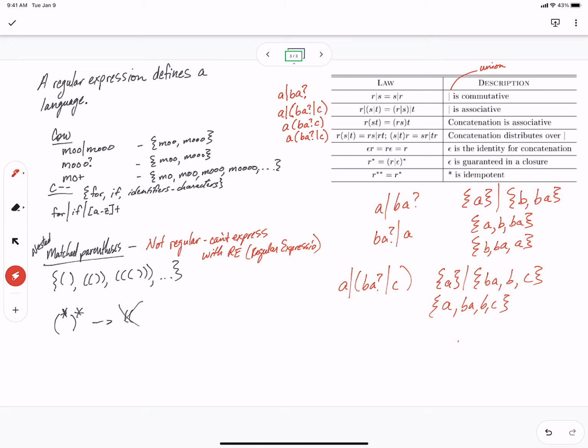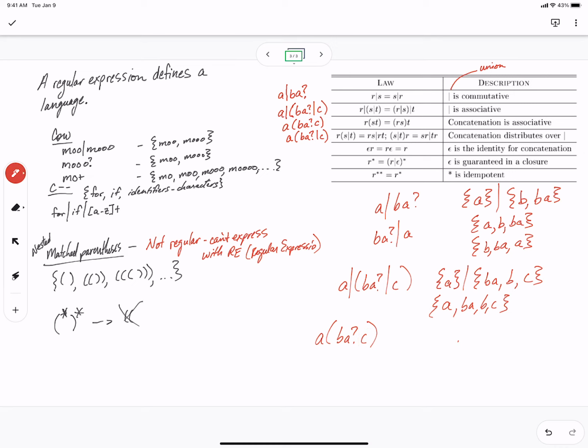All right, concatenation. So we're going to look at this regular expression here. We have A, BA question mark, C. Now, notice that I didn't put these union operators in. We're just concatenating them together. So first of all, let's look at these two languages concatenated. So BA question mark concatenated with C. What does that mean?